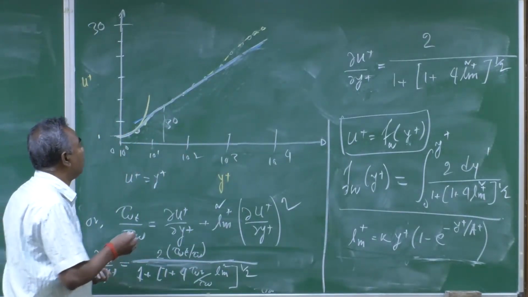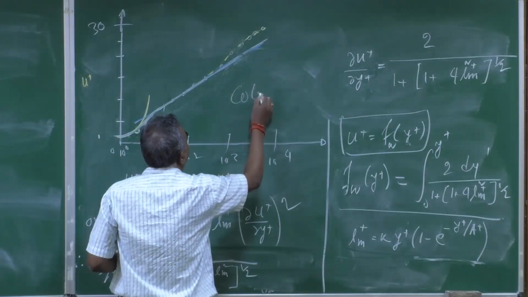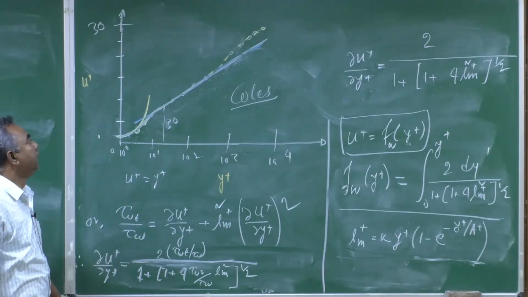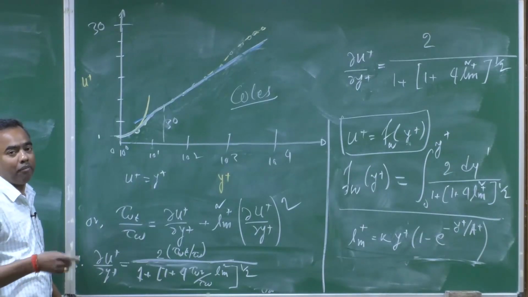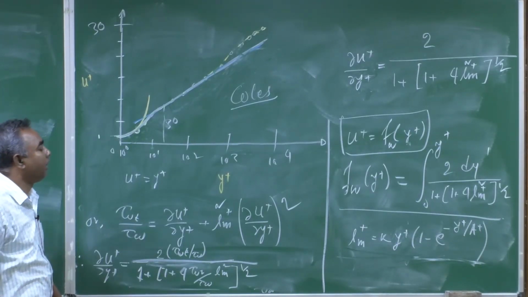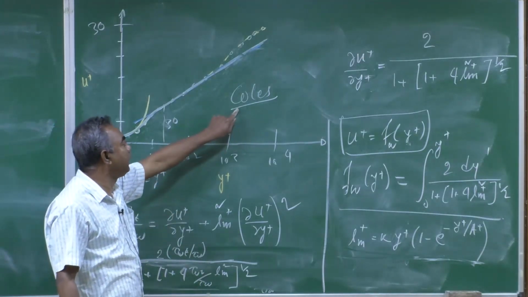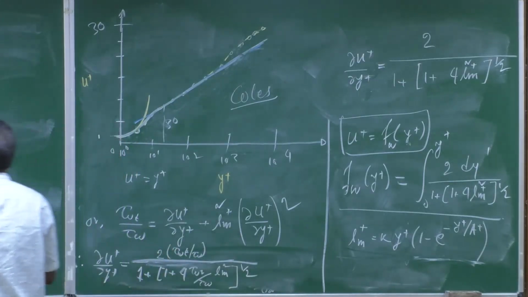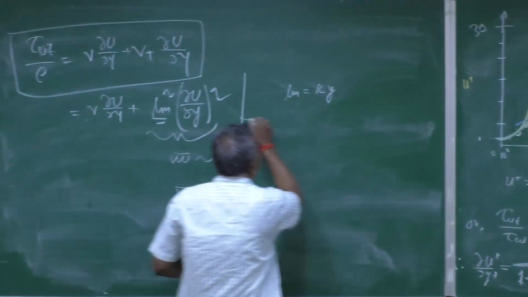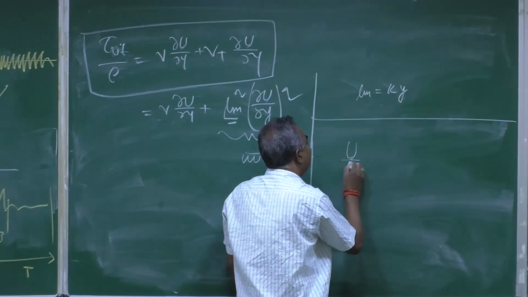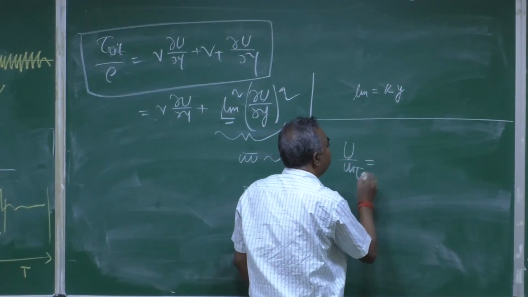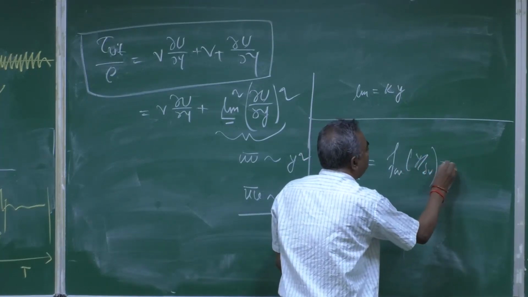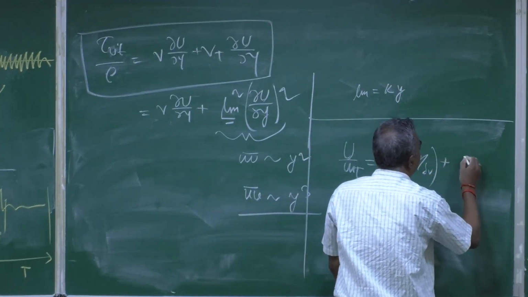So, Coles did the following. He tabulated many experimental data and found that the velocity profile can be written as u by u_tau equal to a function of y plus u by u_tau as a function of y by delta plus some other function.